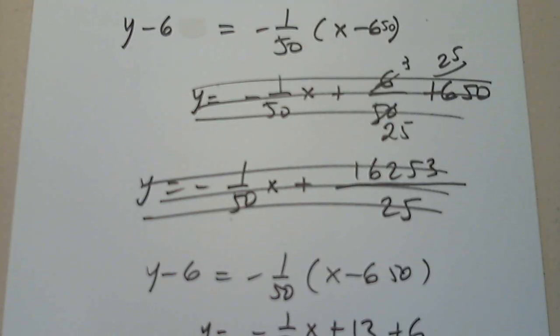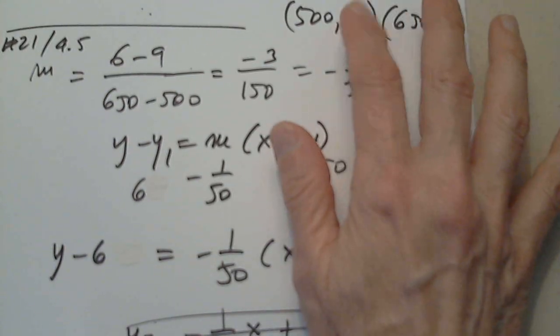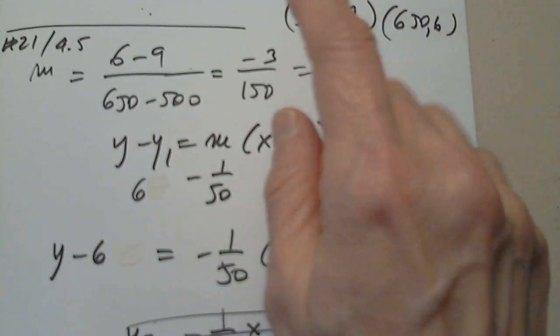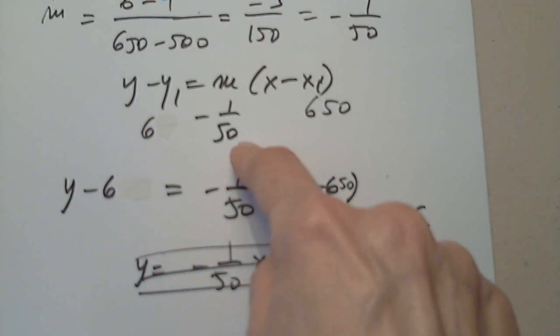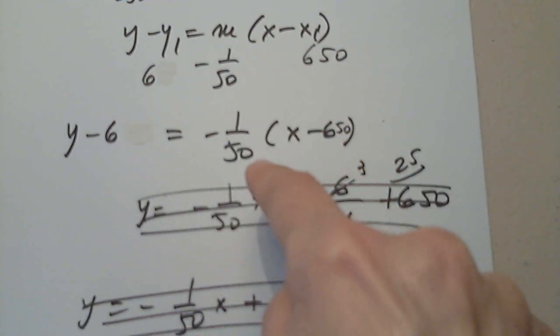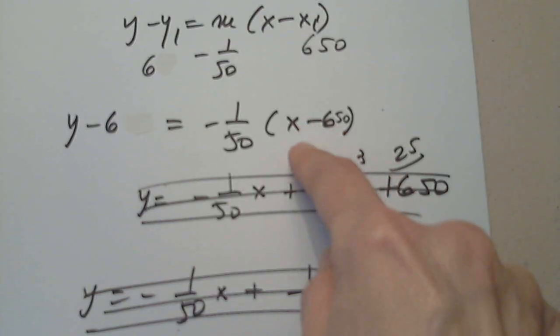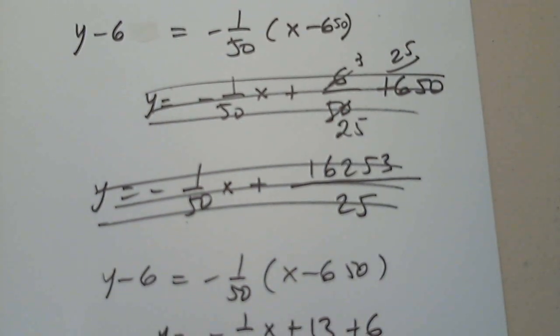Okay, if anybody sees my mistake, please. So these are the points. 6 minus 9, 650 minus 500. This is correct. This is correct. 650 and 6. That is correct. Negative 150 times x. So this is plus 13 and then plus 6.